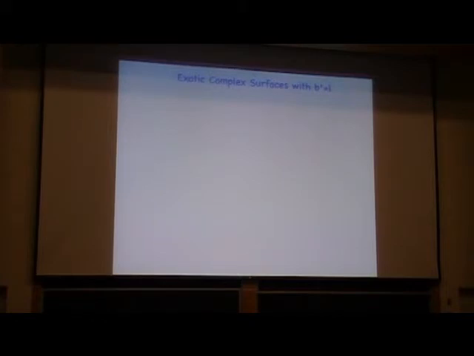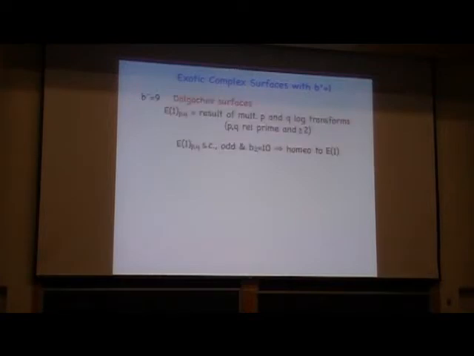So let me say a word about exotic complex surfaces. First of all, there's the Dolgachev surfaces. These were surfaces that were discovered by Igor Dolgachev in response to a conjecture of Severi from the end of the 19th century or the beginning of the 20th century.